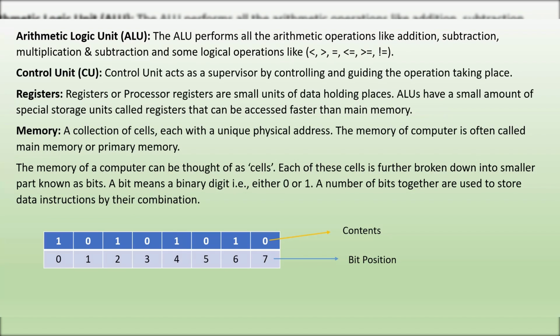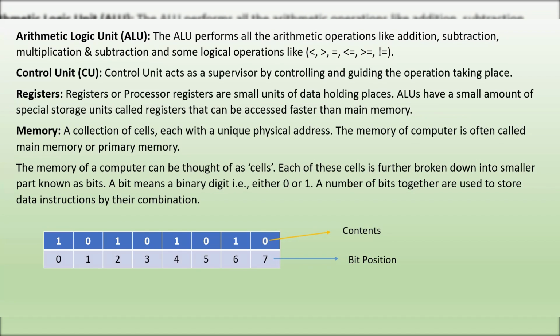Okay. Next is memory. A collection of cells, each with a unique physical address. The memory of a computer is often called main memory or primary memory. The main memory of a computer can be thought of as cells.